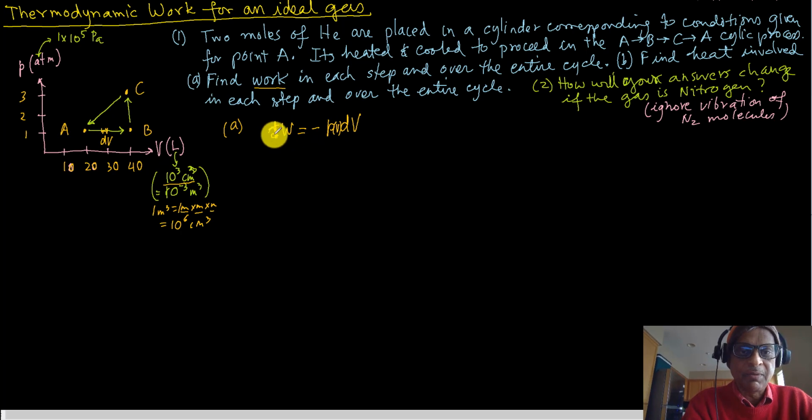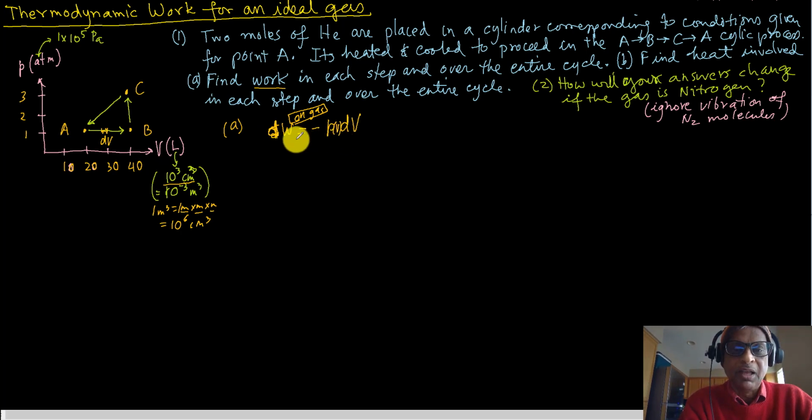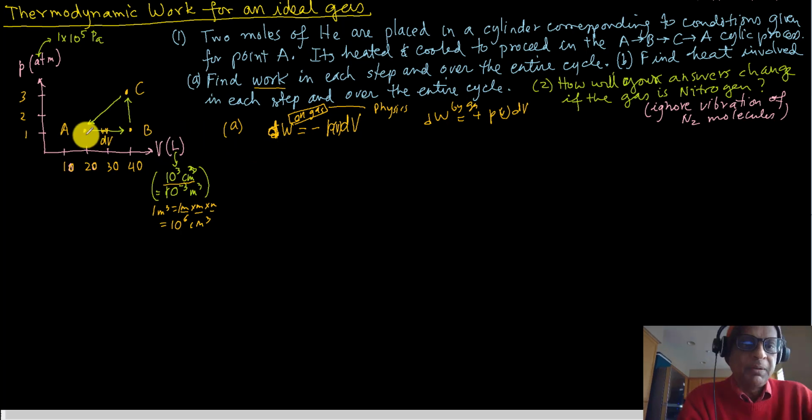This is work on gas. Our notation in physics is that it is positive when you're contracting and negative when you're expanding. In chemistry, you do dW by gas, which will be plus P(V) dV. We'll use this for each one of the steps.